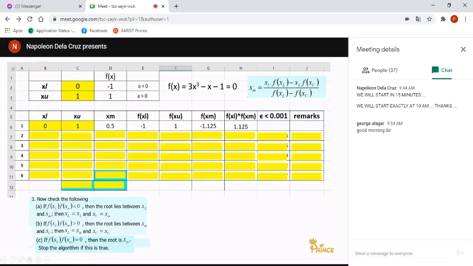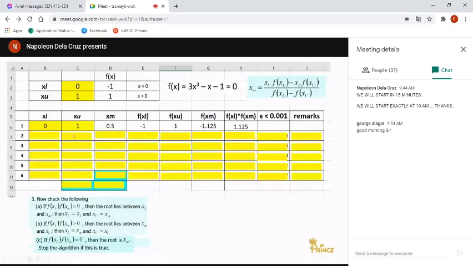So therefore, this is positive. Ito yun. This is positive. Ito yun. Okay? So XL will be equal to XM. XL will be XM. And XU is equal to the previous XU. This is positive. We will have this. XL is equal to XL.